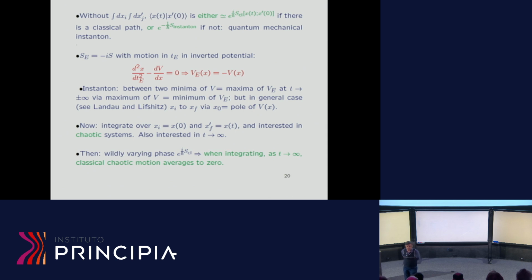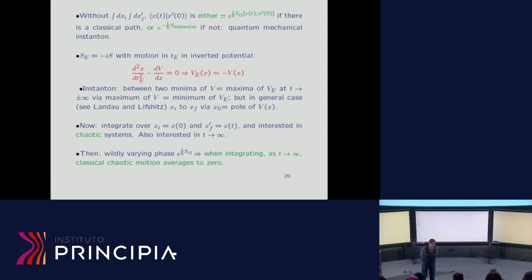If I didn't have the integrations over the initial and final positions, then we would say that the path integral has a saddle point at the classical action if there is a classical path. And if there's no classical path, there's a quantum mechanical instanton, e to the minus S instanton.